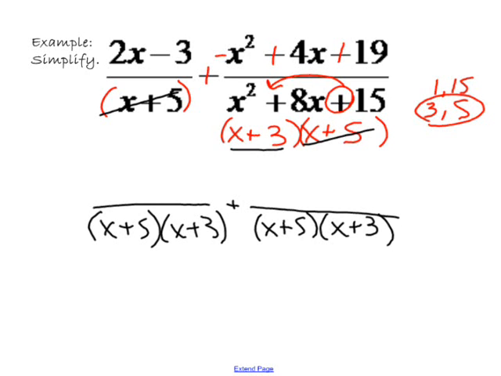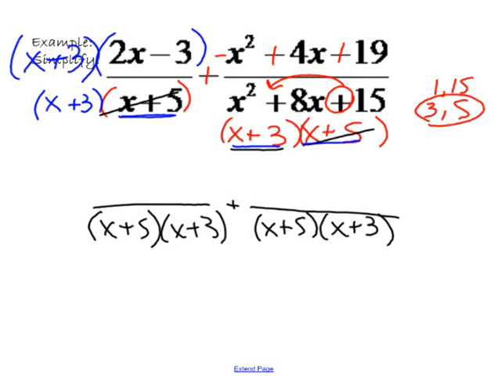Now looking at the first fraction, it only had the x plus 5, so it needs the x plus 3, which means I need to multiply the top by x plus 3. The second one already had both pieces, so its numerator is going to stay exactly the same.